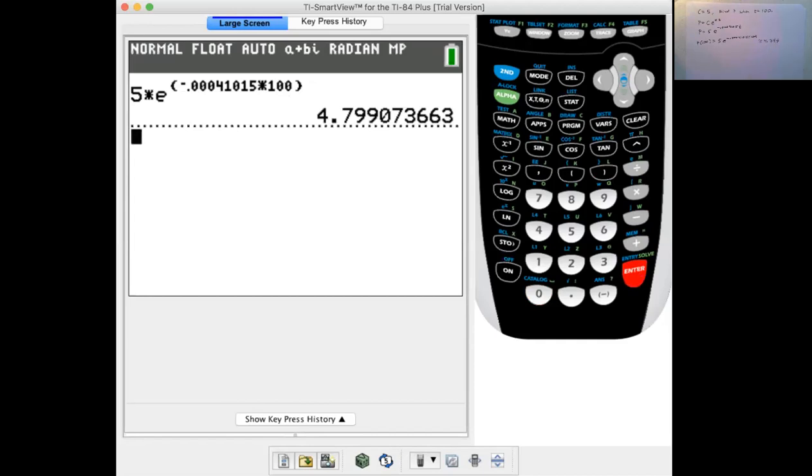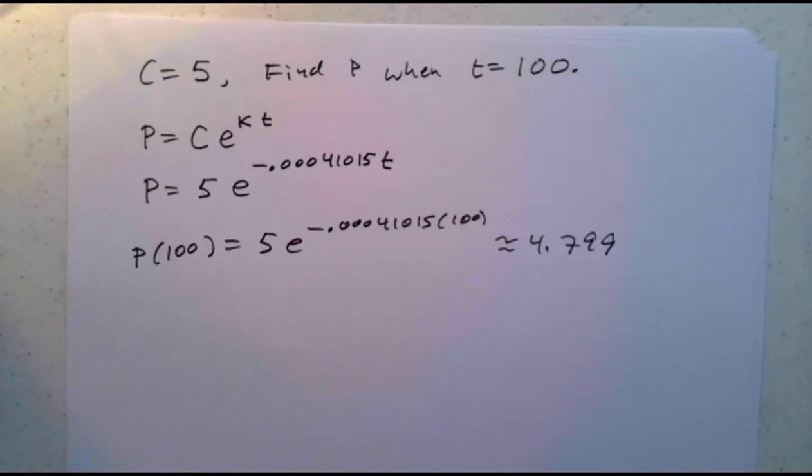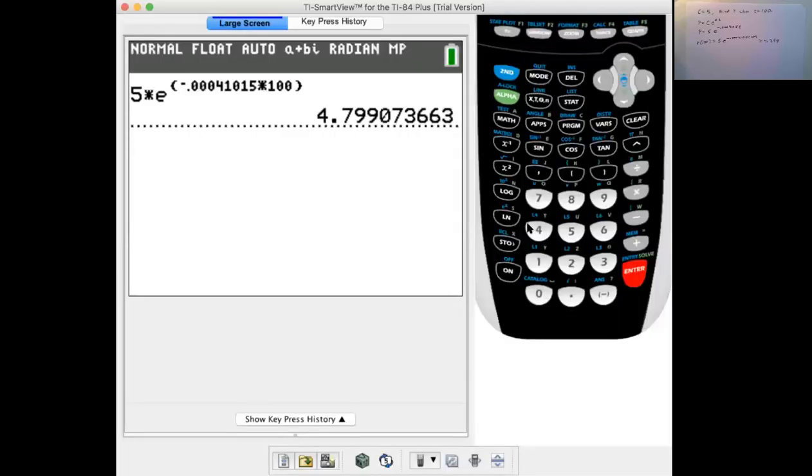But I want to show you, because remember I stored K in the calculator, I'm going to try it one more time using just K instead. You'll see the advantage of doing it that way. 5 times e to the K, so just type alpha K, since I stored that whole thing in K, times 100.